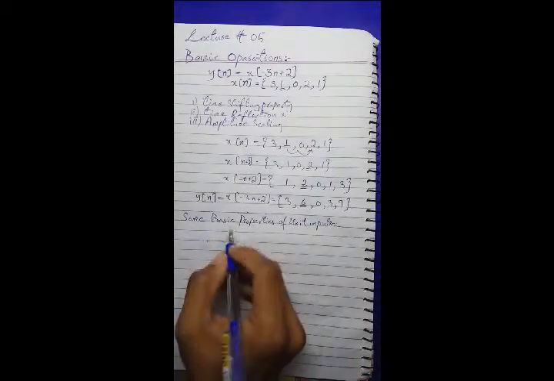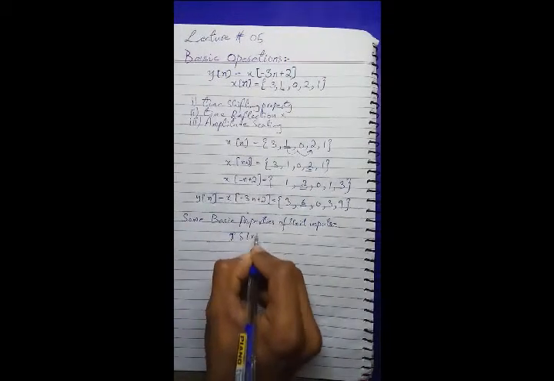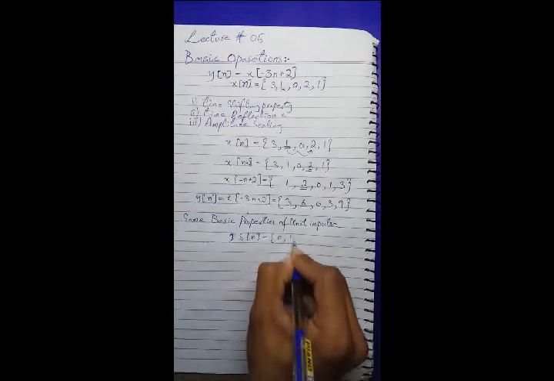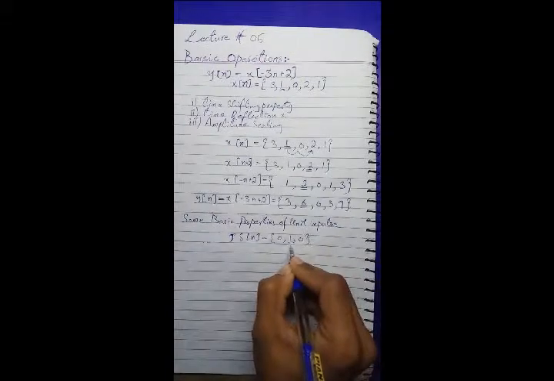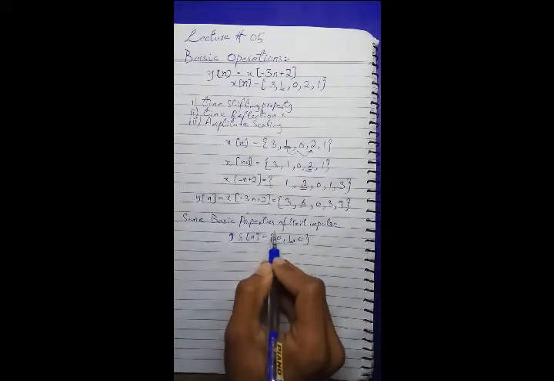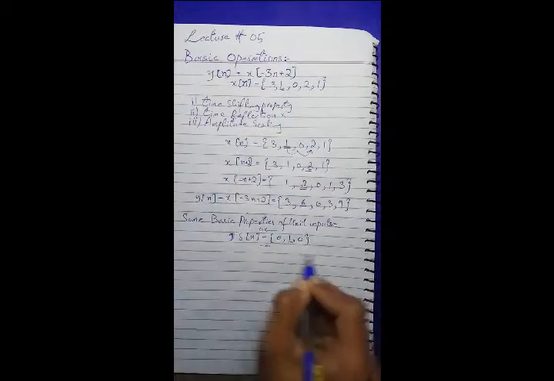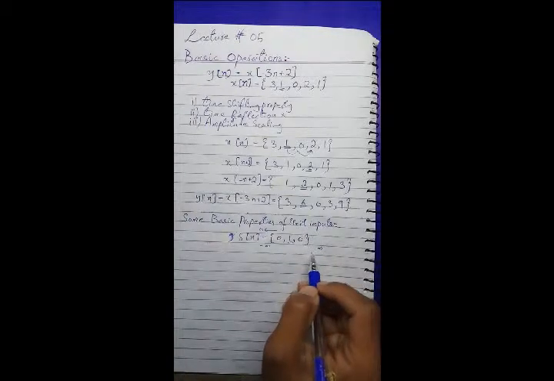Let's suppose the impulse signal, we can write it as delta of n is equal to 1 at the 0 index, and all values here are zeros from minus infinity to infinity. All these values are also 0.